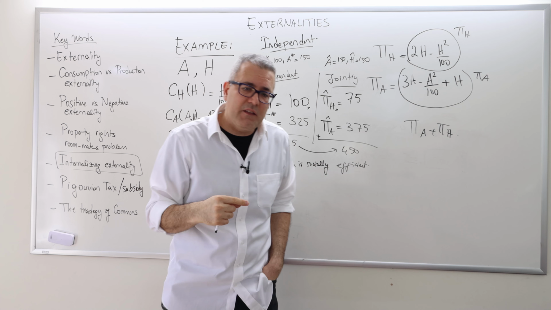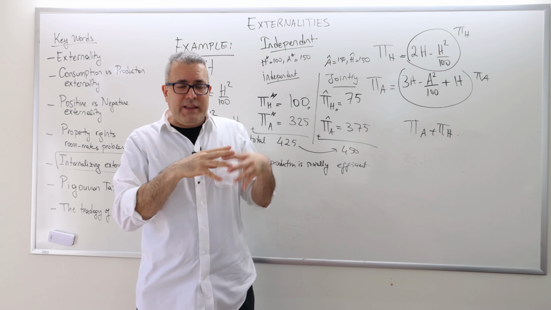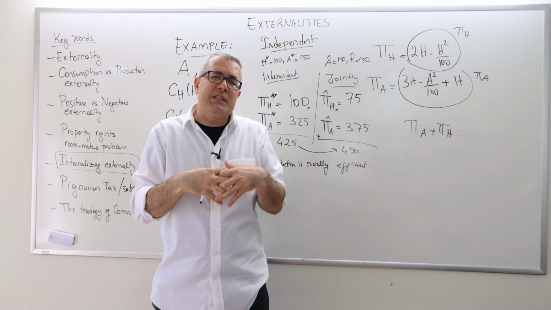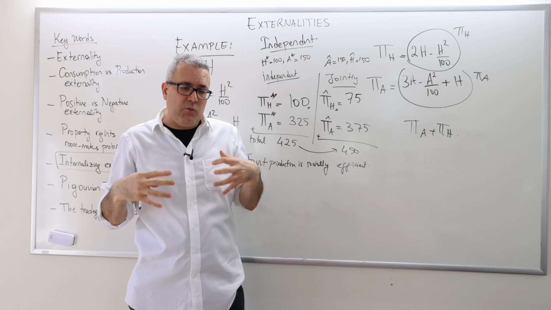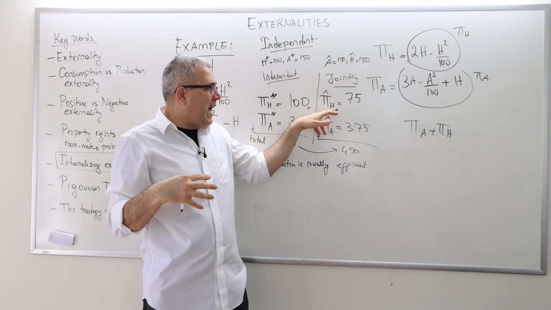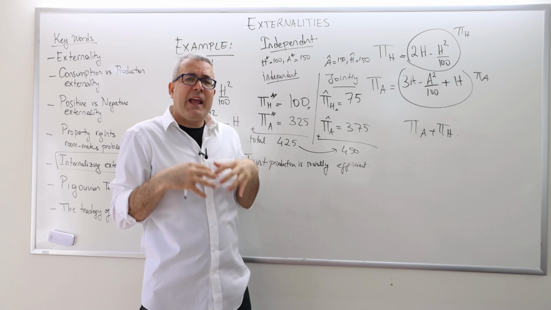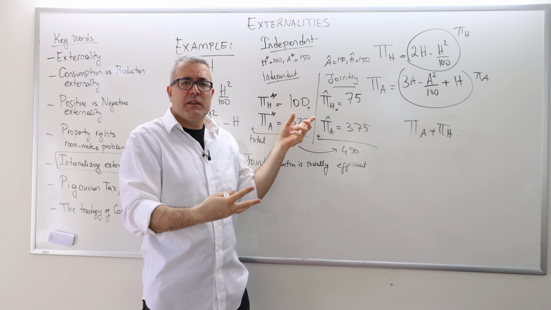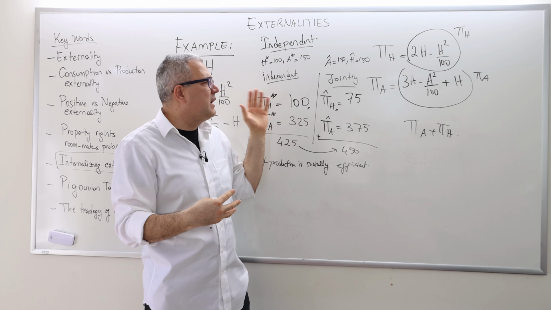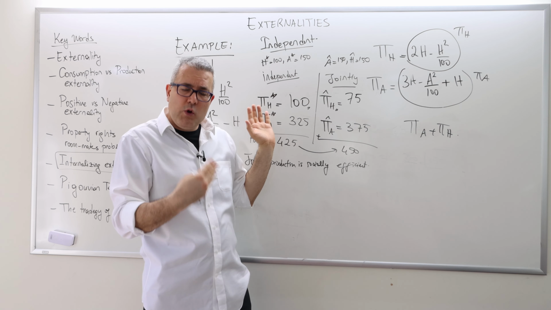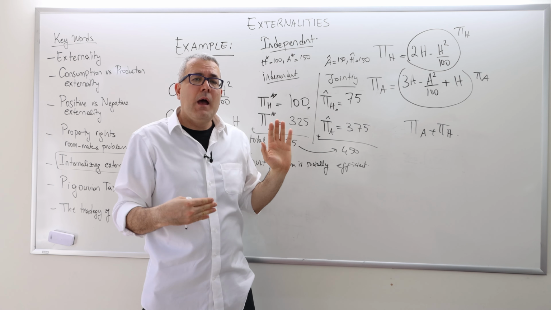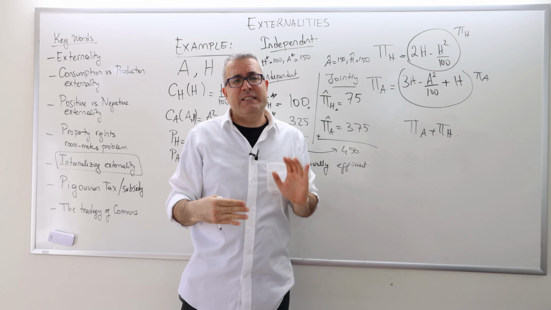Well, here's the thing. When they discuss whether to act jointly or not, they should also negotiate the following. I, the honey producer, am going to say, I am willing to cooperate with you and act jointly. Rather than producing 100 units of honey, I'm willing to produce 150 units, but you must compensate me.